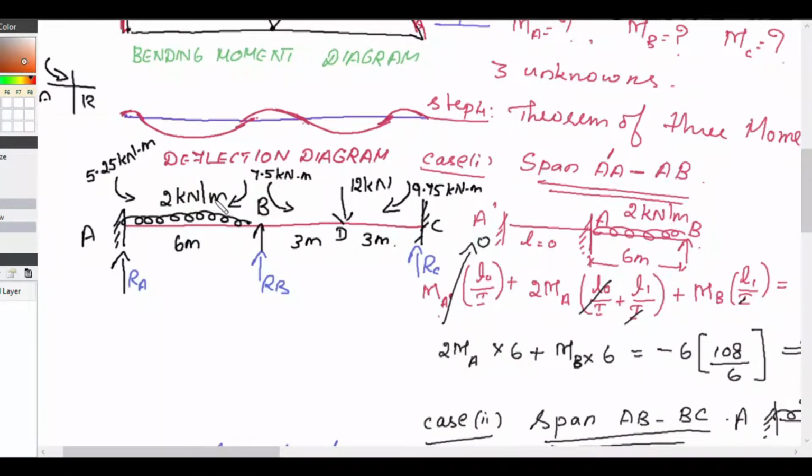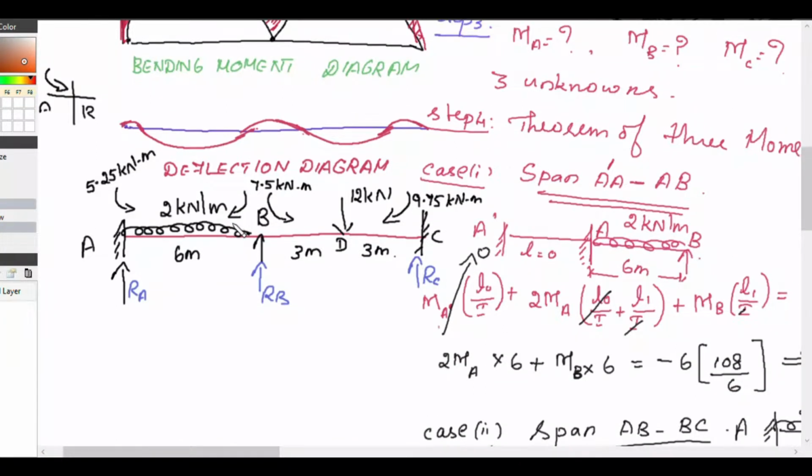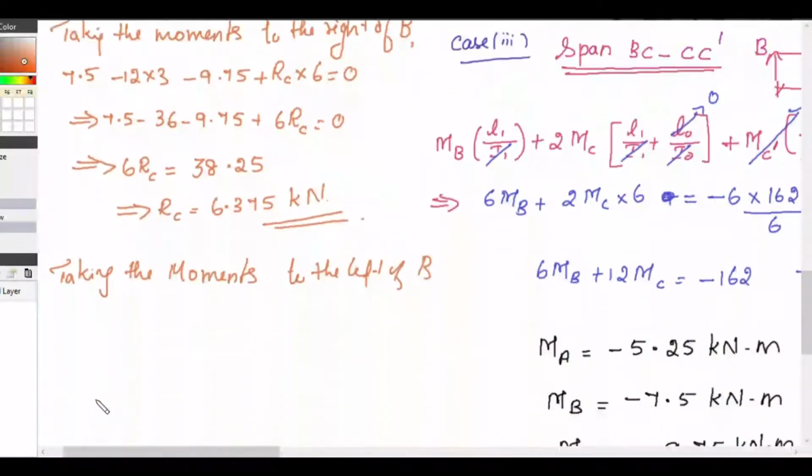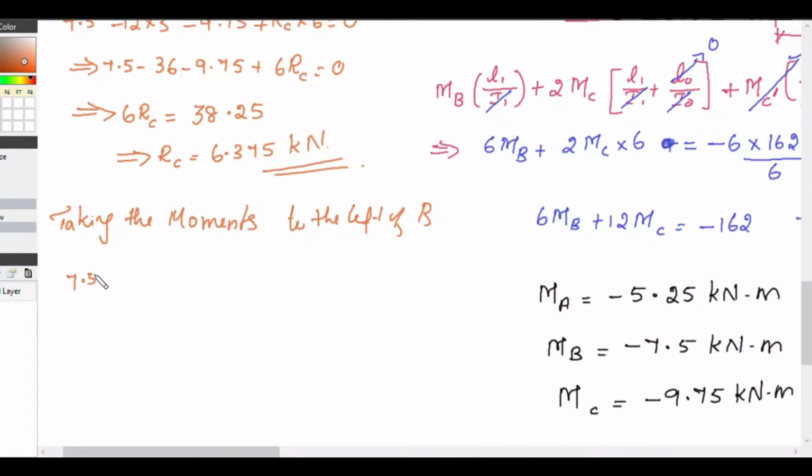So left clockwise is positive. So this is 7.5.